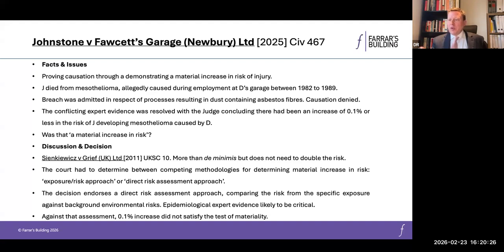But whether or not it will be dependent on the evidence of many experts. Accordingly, and regretfully for the claimant, the increase of 0.1% in this case was such a small increase that it didn't satisfy the test of materiality.